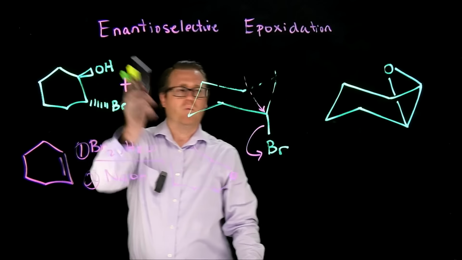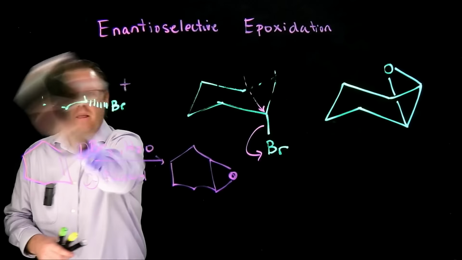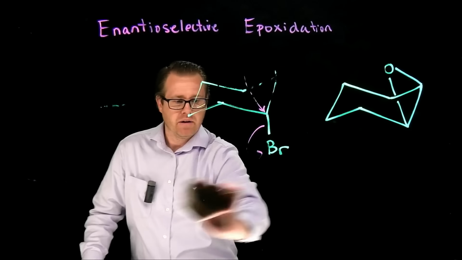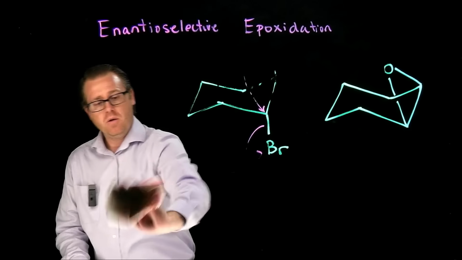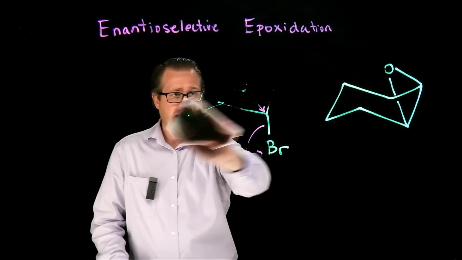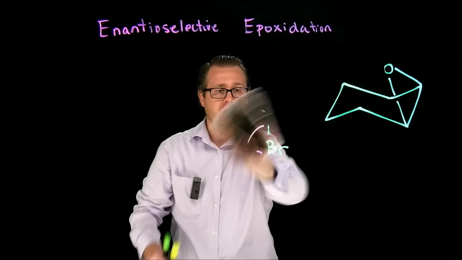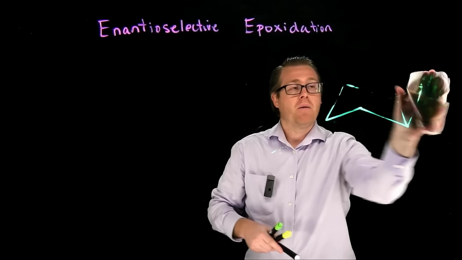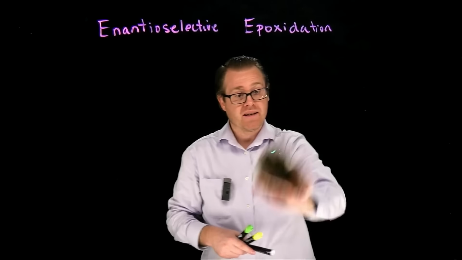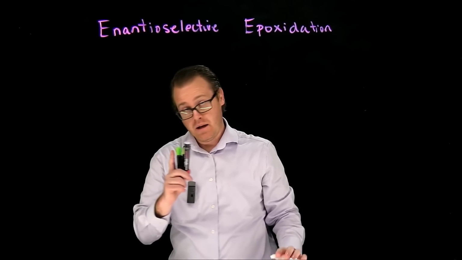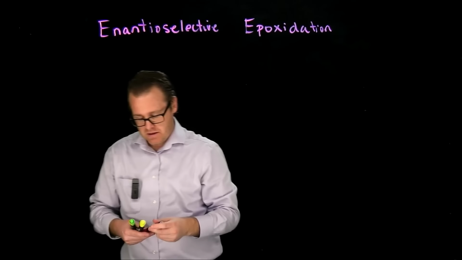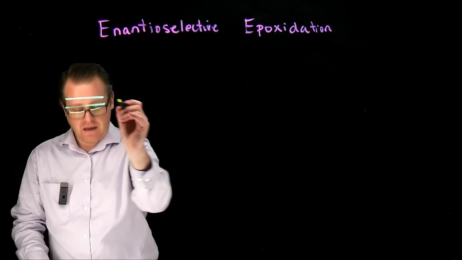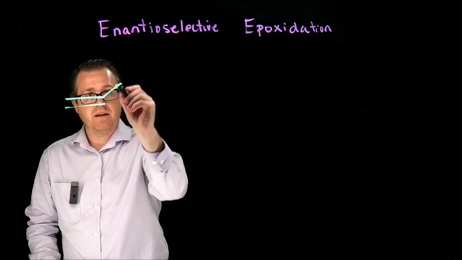So what does that mean? Well, looking at the words and trying to understand what I'm talking about, just by looking at that title there, you can tell that we are going to make an epoxide, but we are going to select for one of the enantiomers. So for example, if you had an alkene that looks something like this.